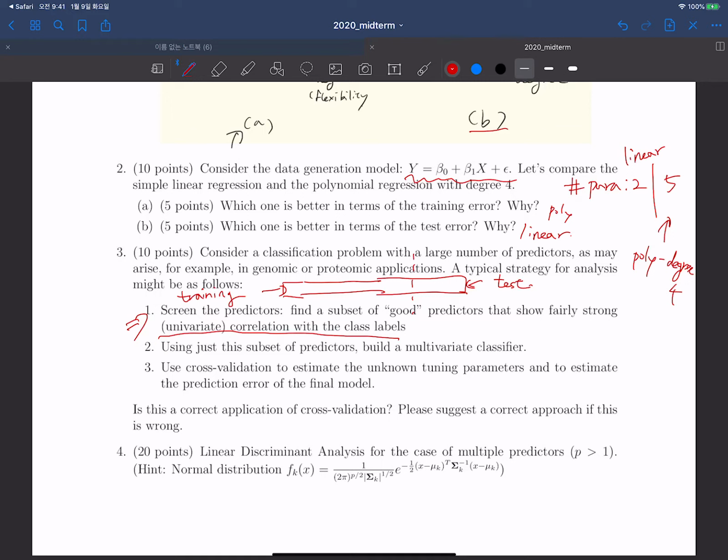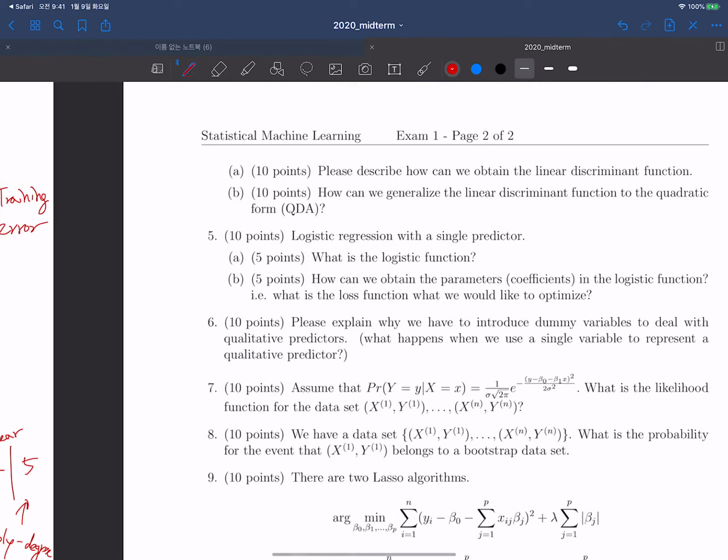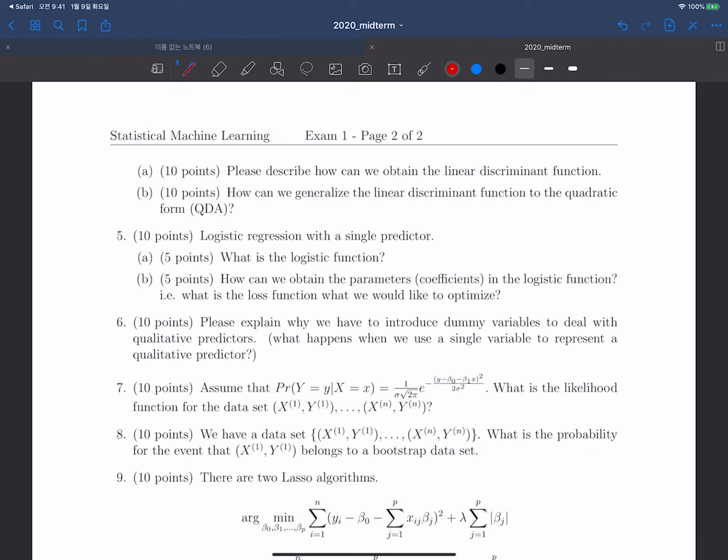The fourth question is about LDA and QDA. How can we obtain the LDA, linear discriminant function? When every covariance matrix equals the same covariance matrix, big sigma, for all k, then the discriminant function becomes linear.